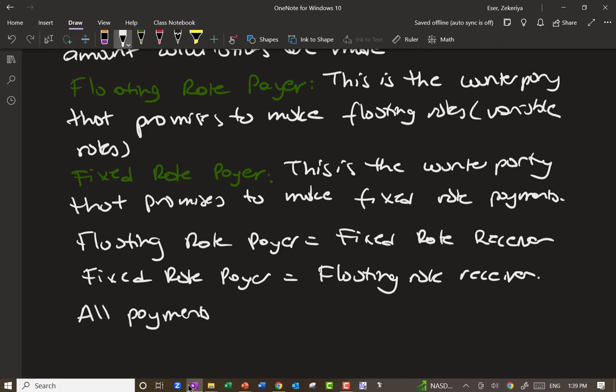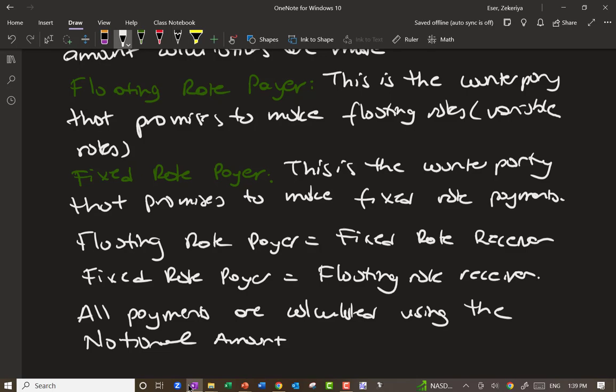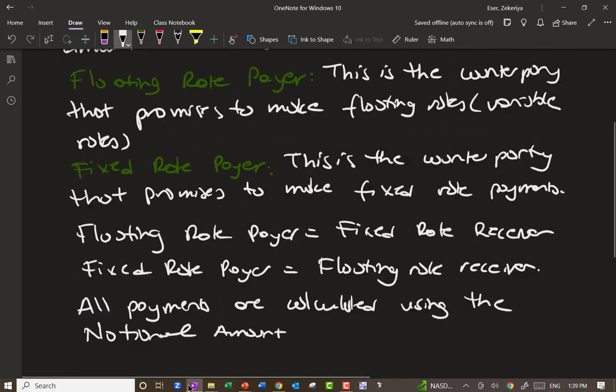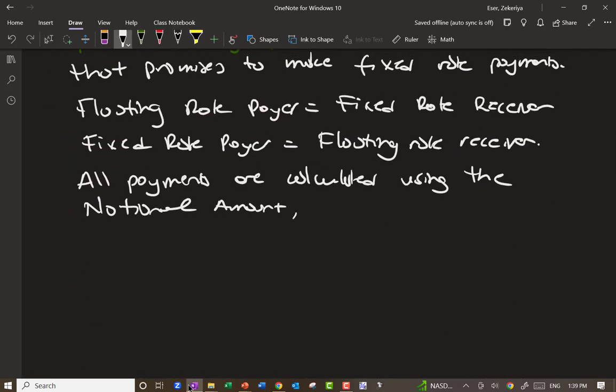All payments are calculated using the notional amount, or notional principal, whichever we called it, notional amount, and only the net payment is exchanged.